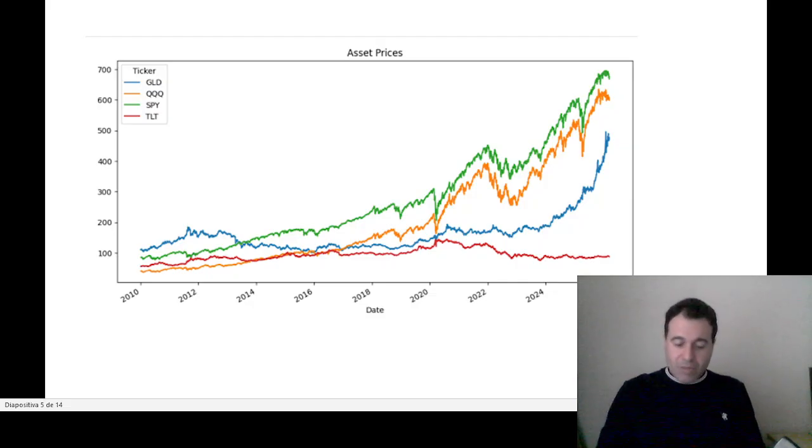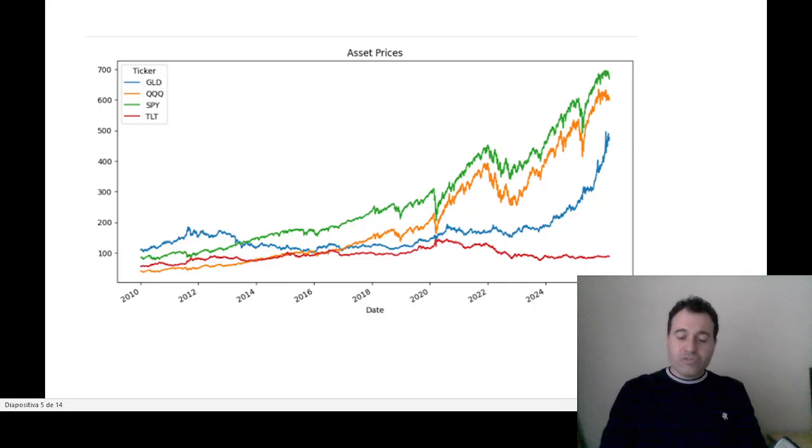The figure above shows the historical price evolution of the assets included in this study. Several patterns can be observed. Equity ETFs such as SPY and QQQ exhibit a strong long-term upward trend.